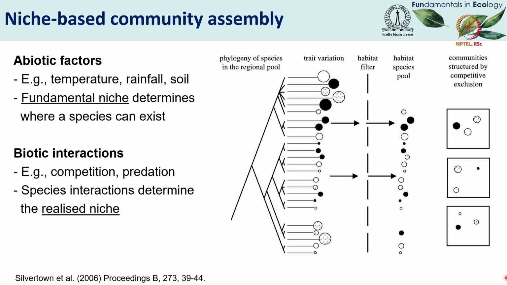And then once these species are actually in the habitat, interactions between them along some other aspect of the fundamental niche lead to actual local communities and to the realized niche of these species. This is the classical niche based approach towards community assembly.